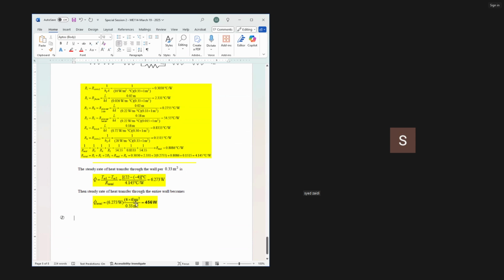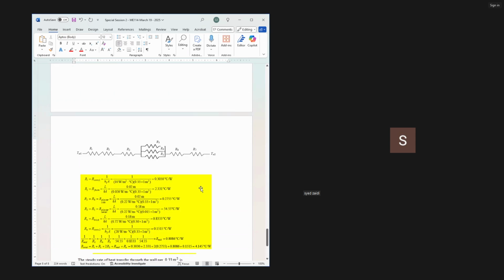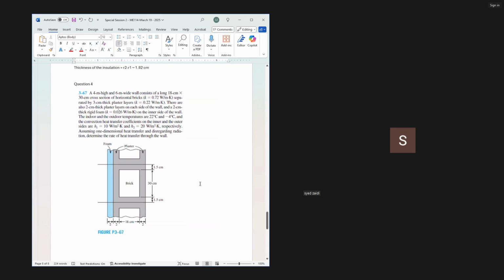That is why we are dividing the total available area by 0.33, because 6.23 watt passes through that area, which is per unit area. So that's why we get 456. So this is the total Q dot. Is it clear? Do you have any question which you don't understand? This is an important question, by the way.